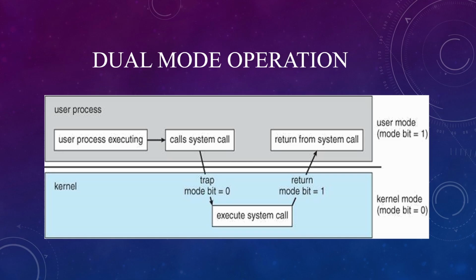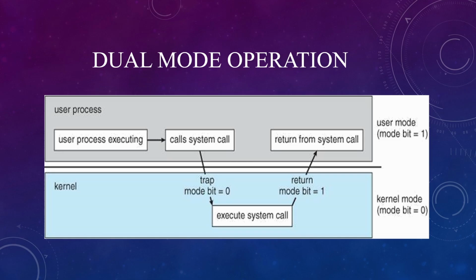Then the kernel will execute the system call. Now in kernel mode, the operating system safely executes the system call. It has full access to hardware and can perform the requested operation. Then comes return from system call. Once the task is completed, the system returns from the system call. Next, the mode bit is set back to 1, switching back to user mode, and the user process will continue.